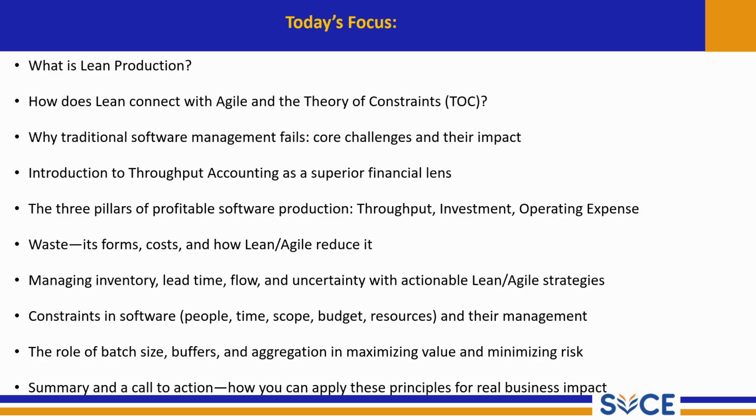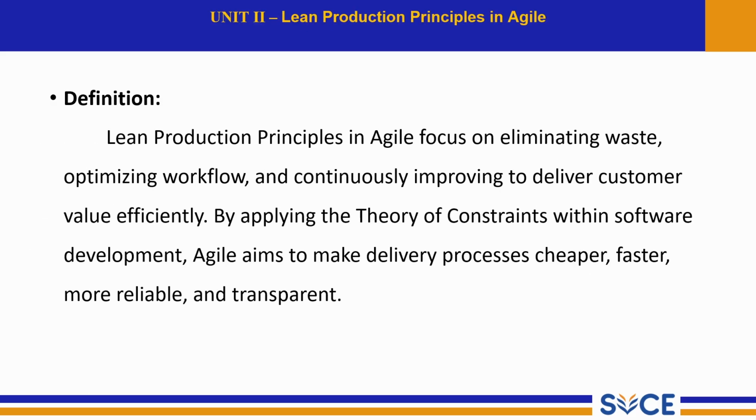And finally, we will see a summary and a call to action, how you can apply these principles for real business impact. And next we will move into lean production principles in agile.